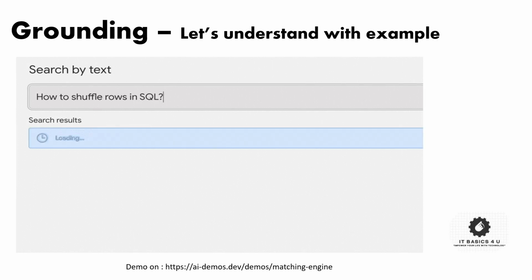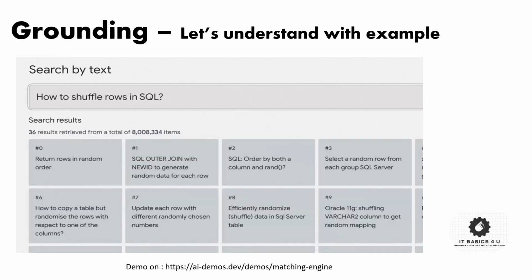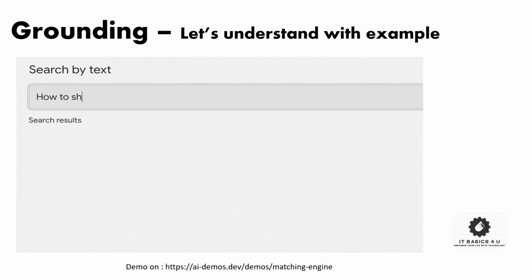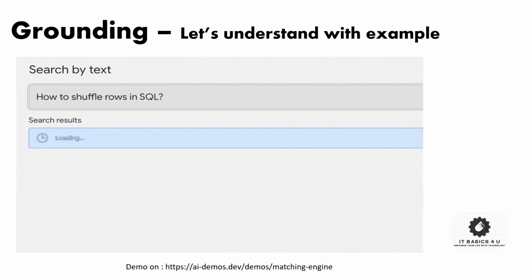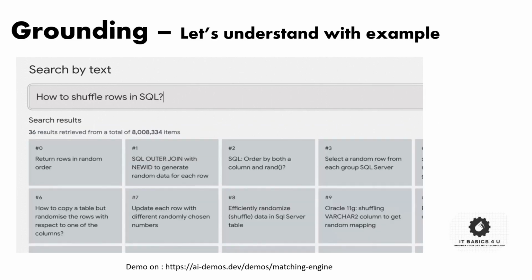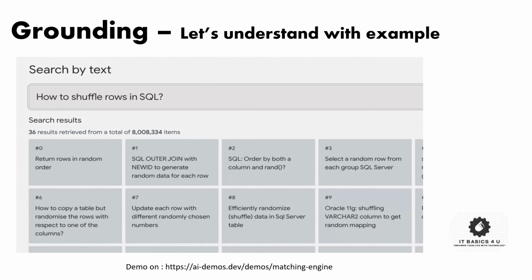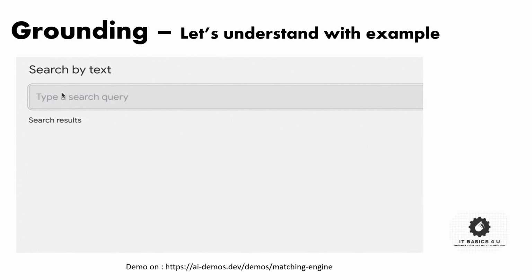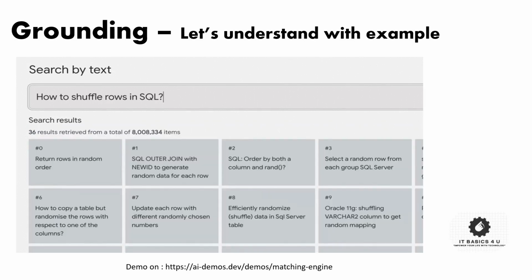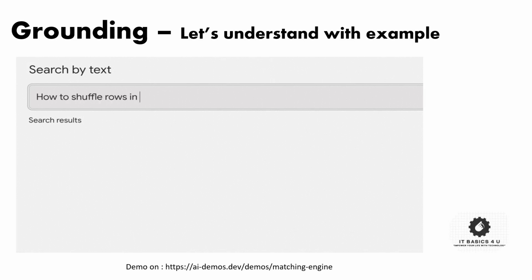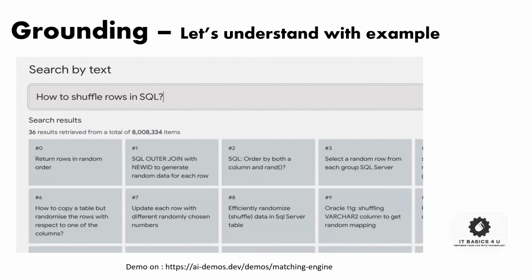So I wanted to give you one example about grounding. This is an available demo on the aidemos.dev site. You can very well log in to that portal and go through the search that they have created, and this entire search is based on an external data source which is very specific to a domain. The data that they have used is Stack Overflow, and everybody knows why Stack Overflow is used.